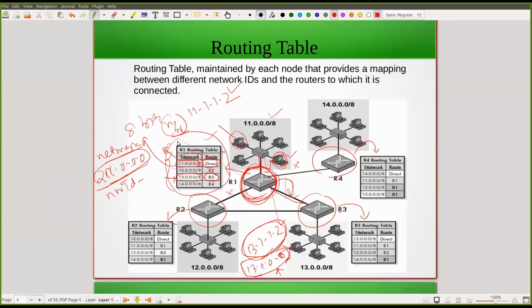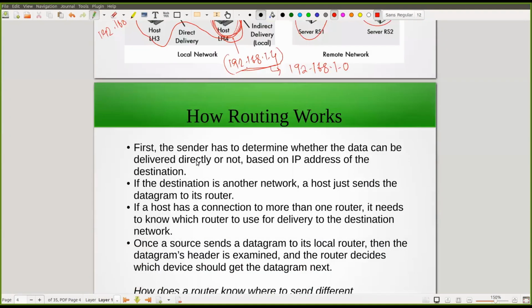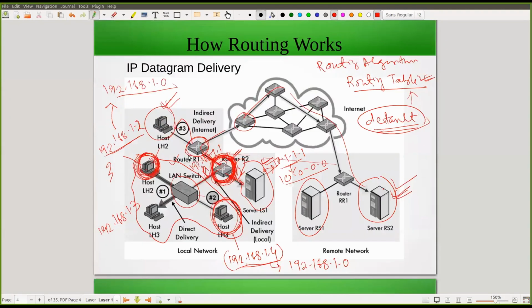Someone must be responsible for building it, and we have already said there is a routing algorithm. But before that, let me look into another conceptual point as far as building the routing table is concerned. Let me ask a question based on the previous diagram. Here, let me erase this and ask you a question.